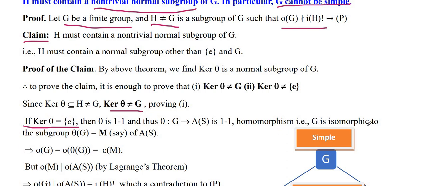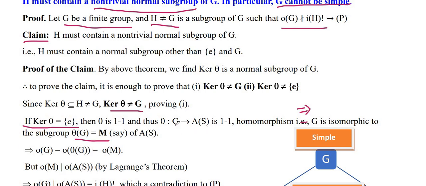This in turn implies that G is isomorphic to the subgroup theta of G. This is by the previous theorem, Cayley's theorem, that when we have a 1 to 1 homomorphism, then G will be isomorphic to a subgroup of A of S. This theta of G we shall name as say M.